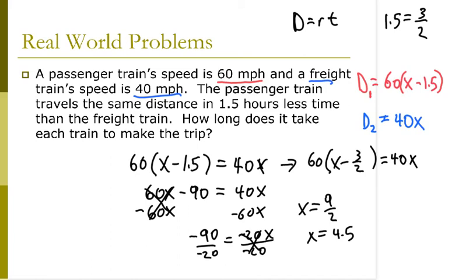But the passenger train takes less time, so we would have to subtract 1.5 hours from the 4.5, and that would be 3. So basically the freight train would take 4.5 hours, and the passenger train would take 3 hours.